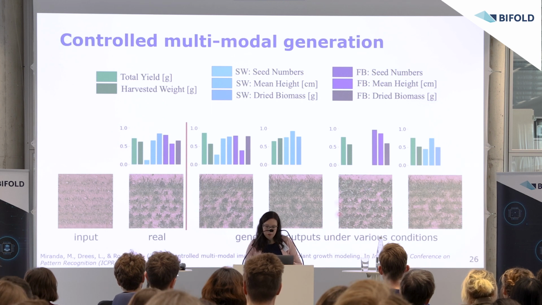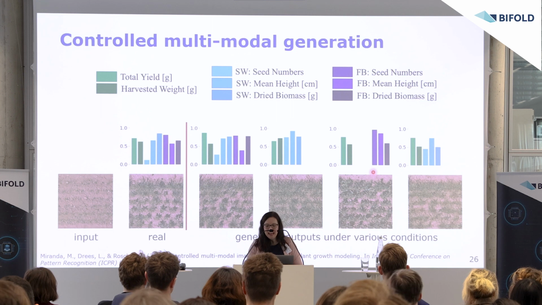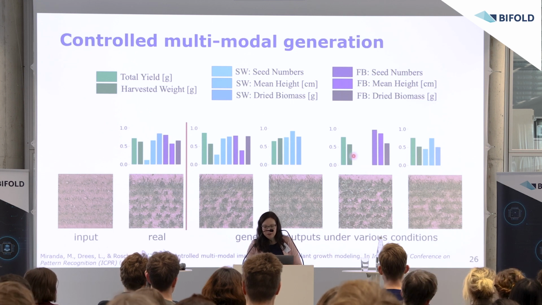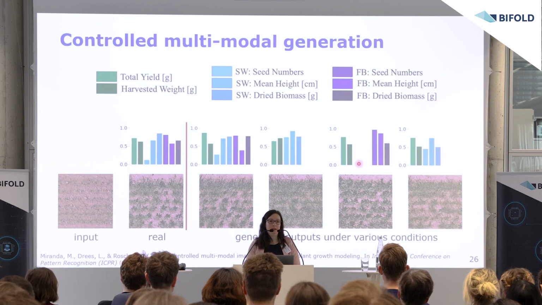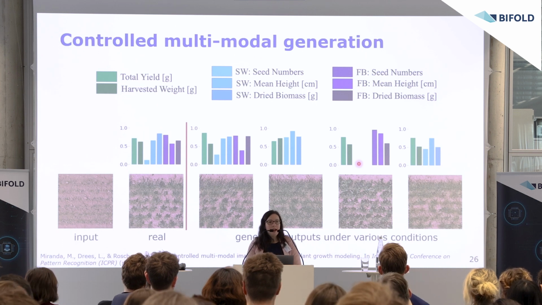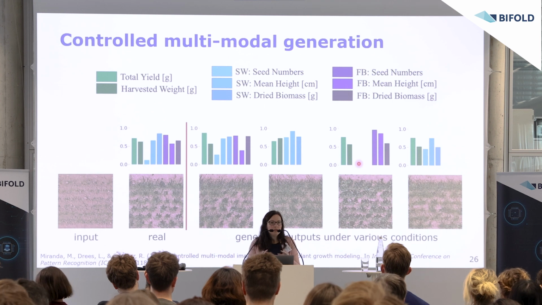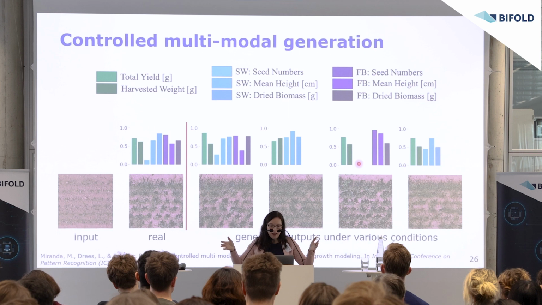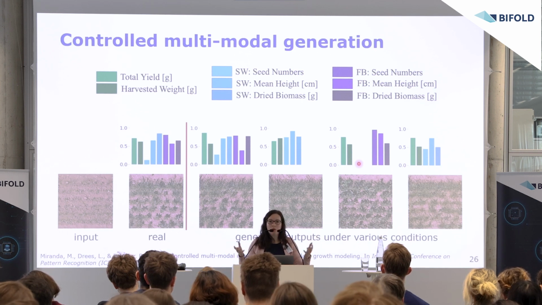And it's the same for the second image from the right. There we set all the factors of variation for spring wheat to 0, and it's actually only faba bean in the image. And why is this useful? Because now this can be used as artificial sensor data. You can treat it as you would data acquired in the field, and so you can generate hypotheses on how plants will grow together.